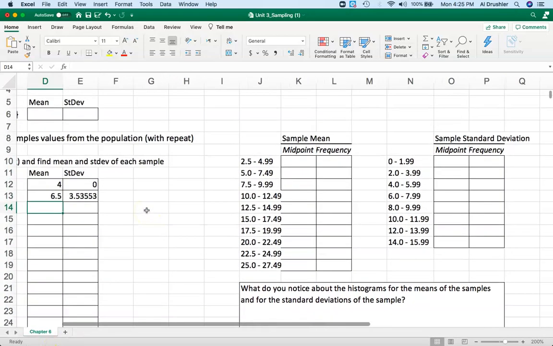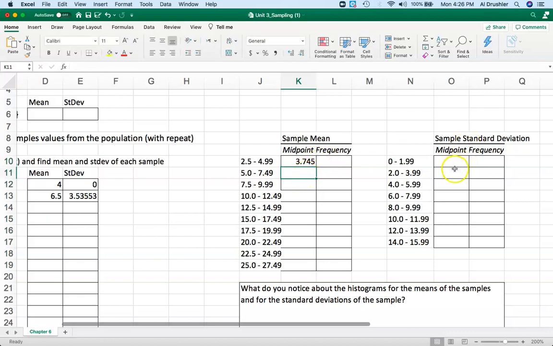Now you come over here to the midpoint. You need to calculate the midpoint. Look back in previous chapters to figure out how to calculate it. It's just the lower limit plus the upper limit divided by 2. I'll show you. So that's the midpoint.